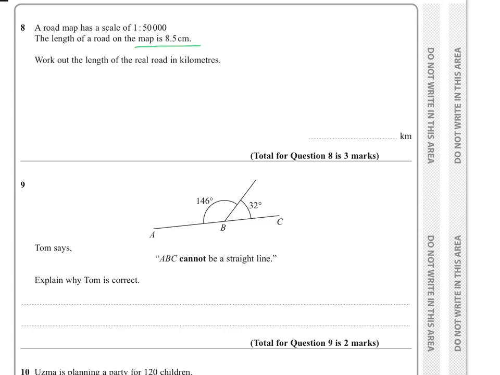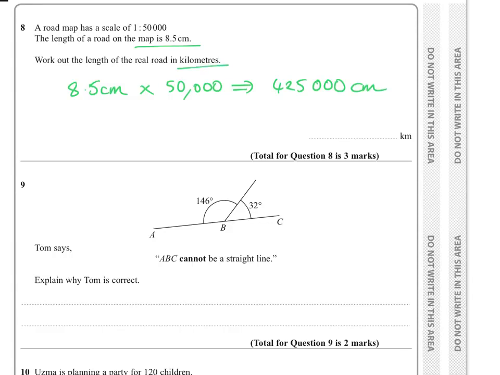So on the map, if we had 8.5 centimetres, well, the first thing to do is use our calculator and do 8.5 times 50,000. And on my calculator, I get 425,000 centimetres.